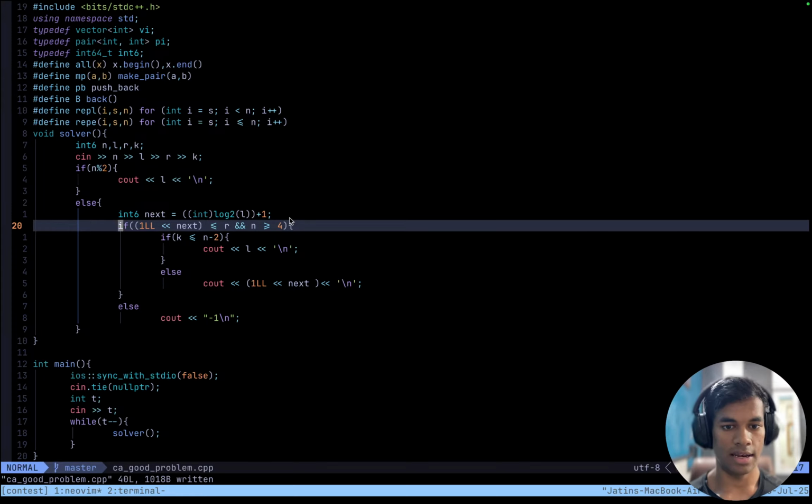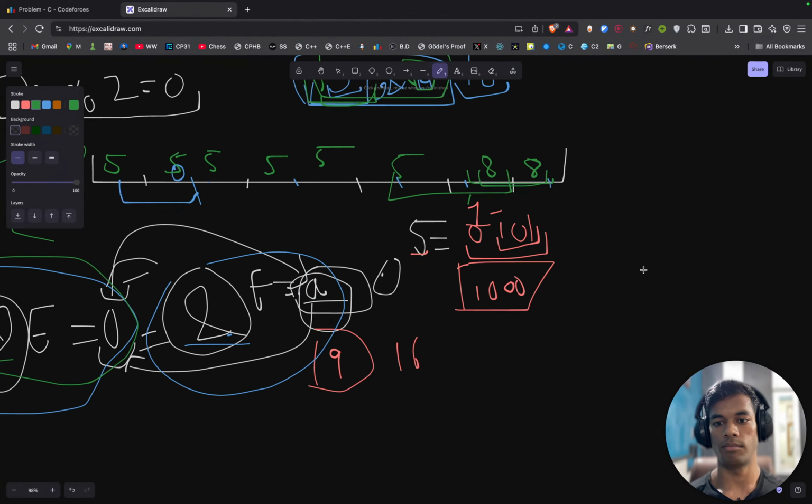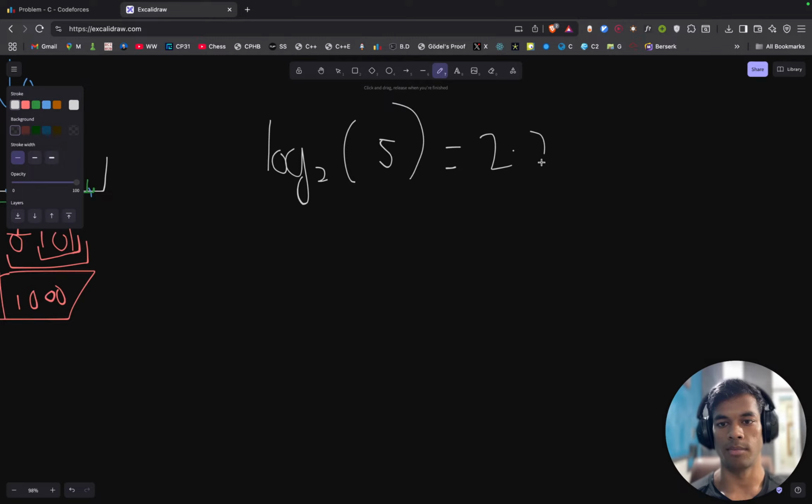And next is that number, and I can just shift 1 left n number of times to get this power of 2 that is the greatest. So in case of 5, if I do log with base 2 of 5, it will result in 2 point some number, right?